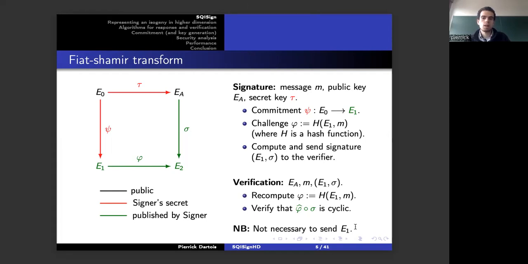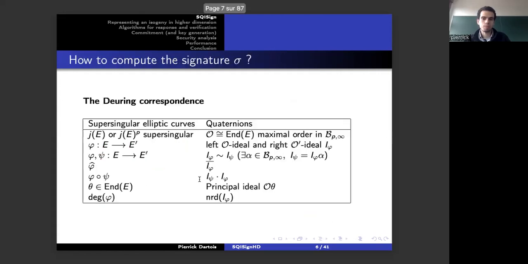In SQISign, the curve E1 doesn't need to be sent because we can recover it with sigma, because it gives E2, and by computing the challenge backwards. But this trick does not apply, unfortunately, to SQISignHD. So this remark will be important when we talk about compactness.